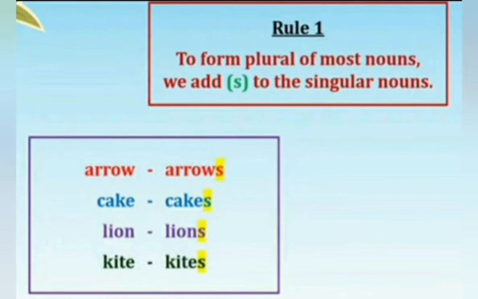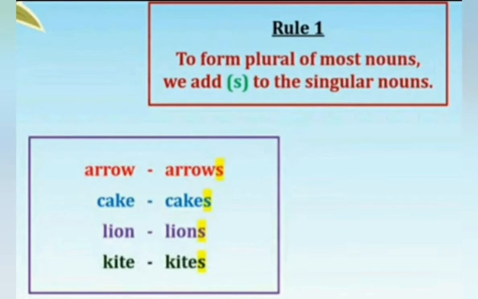Rule number 1. To form plural of most nouns, we add s to the singular nouns. It means mostly we add s with singular nouns to form their plural. Here we have some examples like arrow. To form plural of arrow, we add s with arrow.